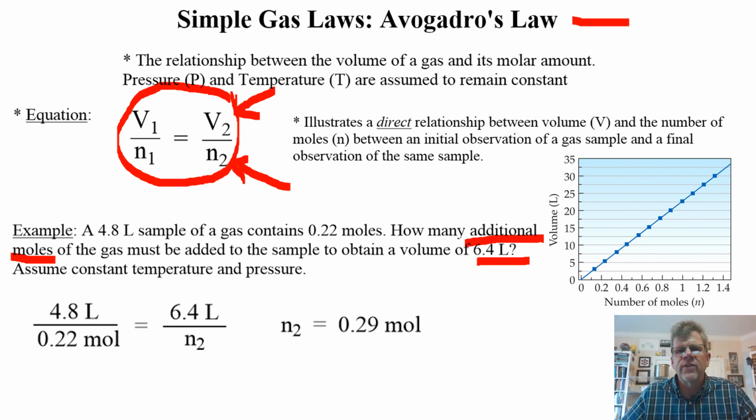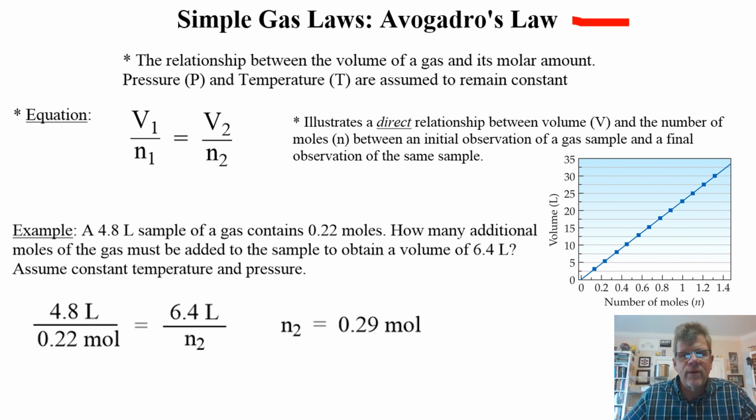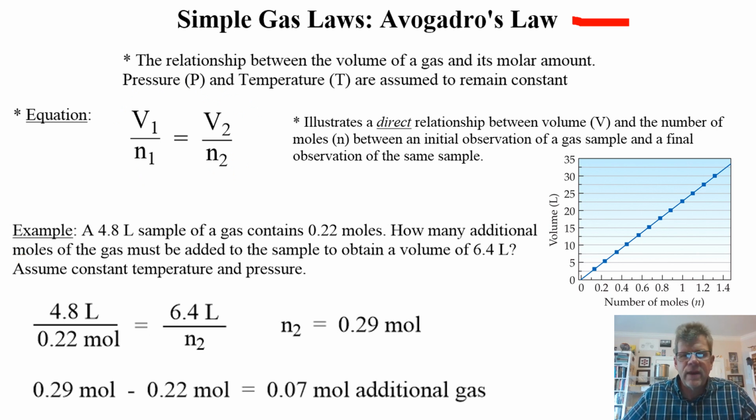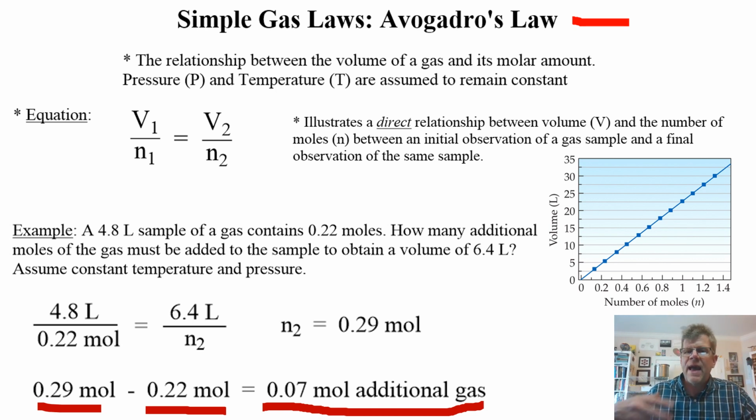The answer is asking for how many additional moles are added, so we have to carry out a subtraction. The final number of moles minus the initial number of moles gives the number of moles of additional gas added to that sample using Avogadro's law. Full stop.